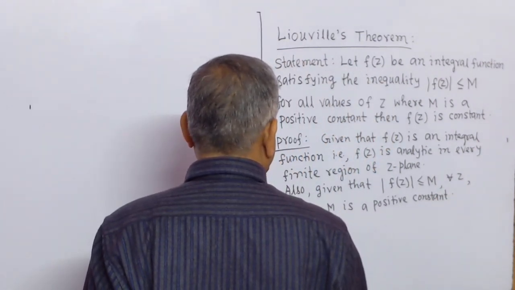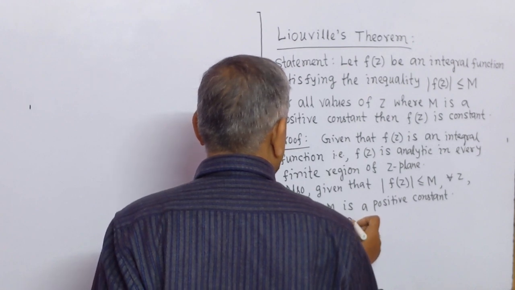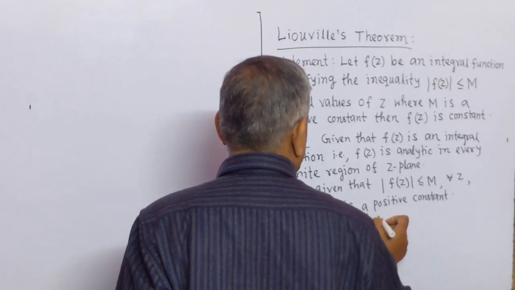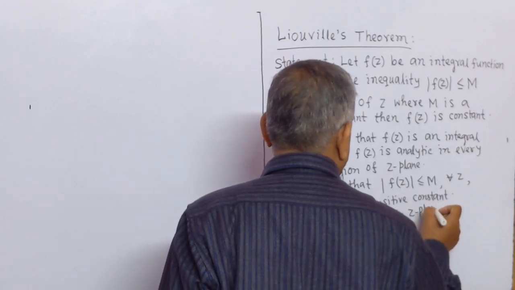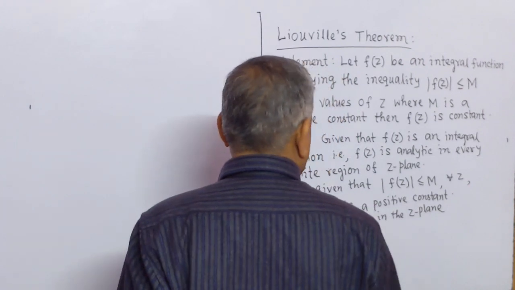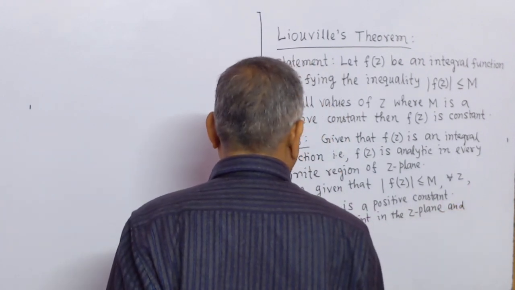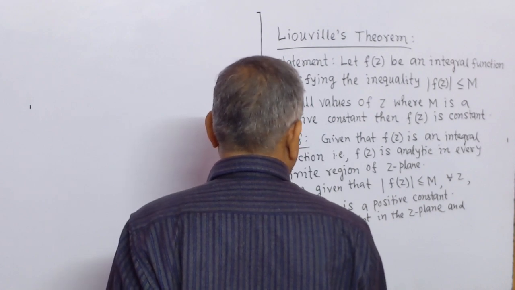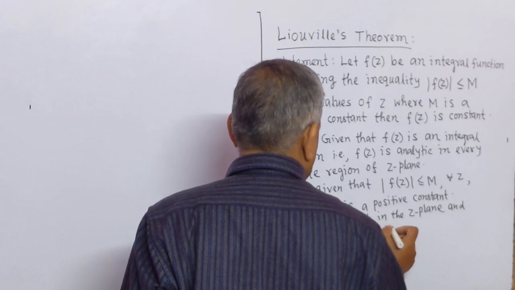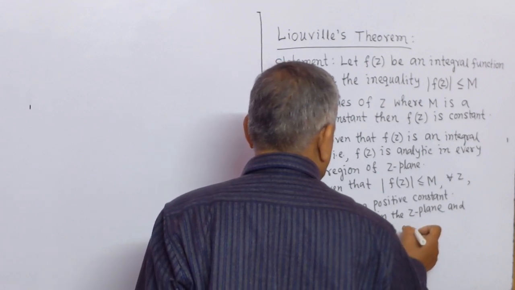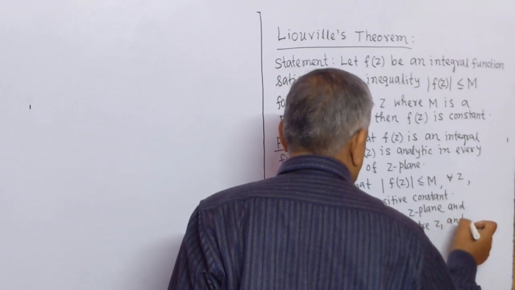Let z1 be a point in the z plane and let C be a circle with center z1 and radius r.